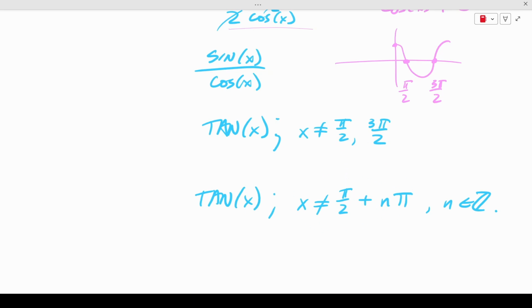When n is 0, we get pi over 2. When n is 1, this works out to 3 pi over 2. When n is 2, this will work out to 5 pi over 2. And so, in general, that's our solution there.